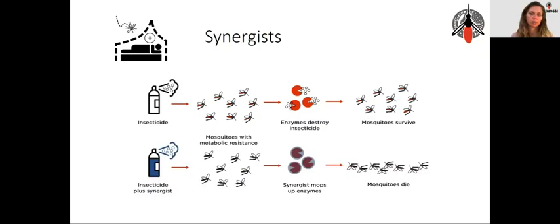How a synergist works is by inhibiting this particular enzyme that can break down and detoxify the insecticide molecules. So synergists, such as PBO, are able to enhance the effect of several classes of insecticide, including pyrethroids, organophosphates, and carbamates. An example could include a pyrethroid plus PBO combination bed net.